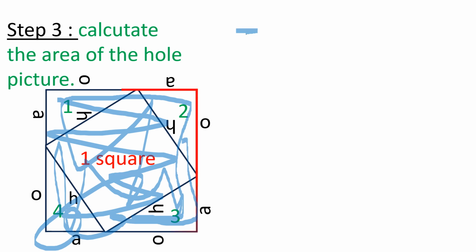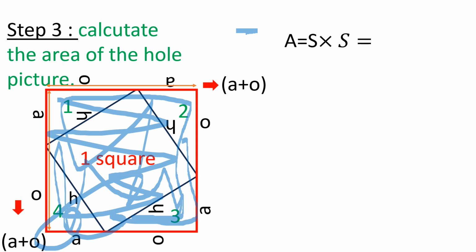Remember that this side from here to here is adjacent plus opposite, and this side is also equal to adjacent plus opposite. Now, area equals side times side, which gives adjacent plus opposite times adjacent plus opposite.